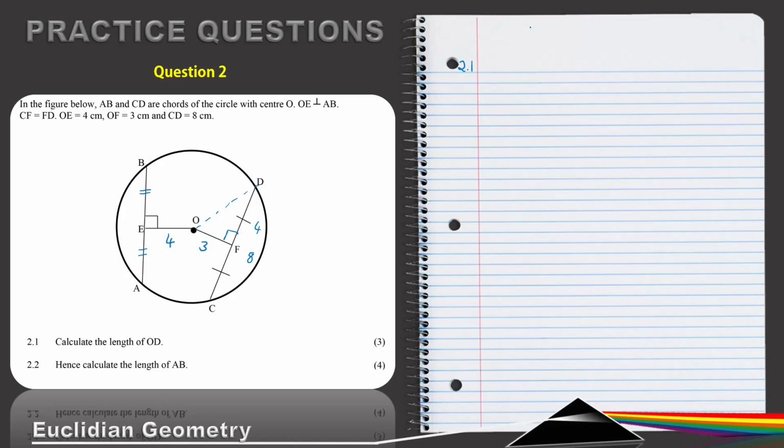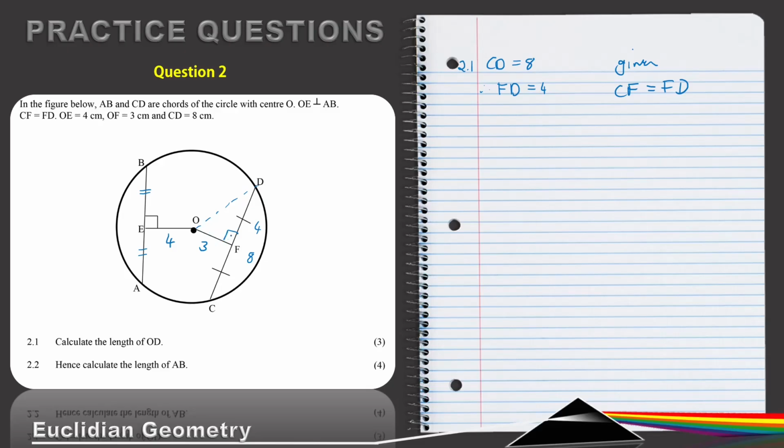Now, first of all, we know that CD is equal to 8. That is given. And therefore FD is equal to 4 because CF is equal to FD. Before we can actually use Pythagoras, we also need to state that this is a right angle triangle, because that wasn't given.